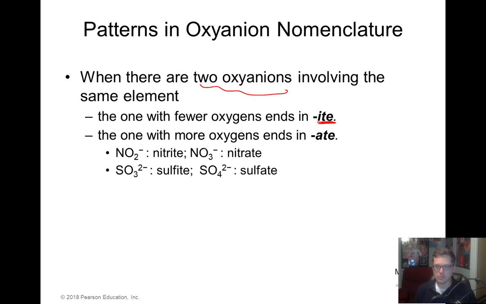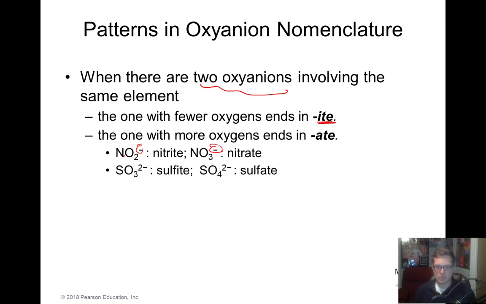There are two possible oxyanions for nitrogen: NO2 and NO3. The one with fewer oxygens, NO2, is "ite," and the other is "ate." Sulfite is SO3, and sulfate is SO4. Also notice that they have the same charge, and this is really handy for memorization.